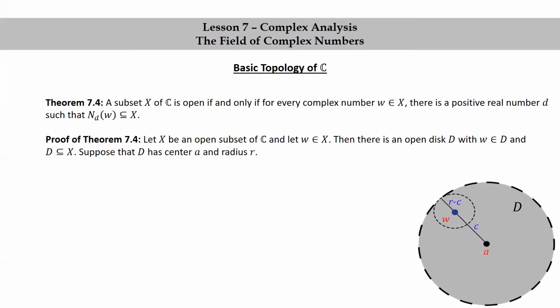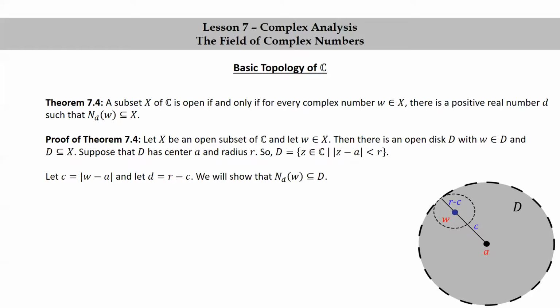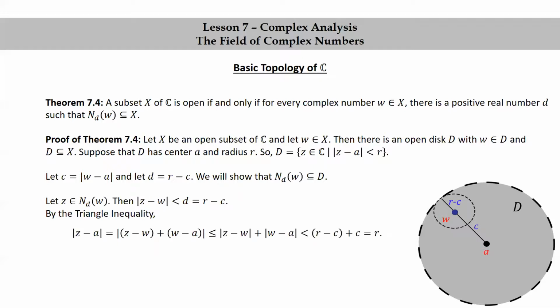Suppose that D has center A and radius R. So D is the set of complex numbers Z such that absolute Z minus A is less than R. Let C equal the absolute value of W minus A, in other words, the distance between W and A, and let D equal R minus C. We will show that N sub D of W is a subset of D. Let Z be in N sub D of W. Then the distance between Z and W is less than D, and remember that D is equal to R minus C. By the triangle inequality, we have the following.